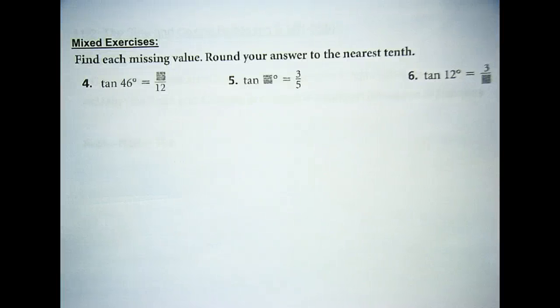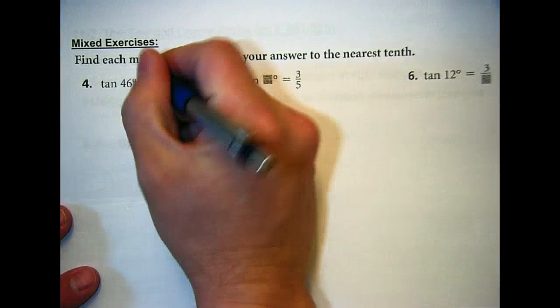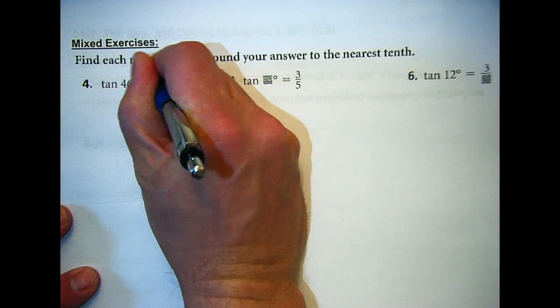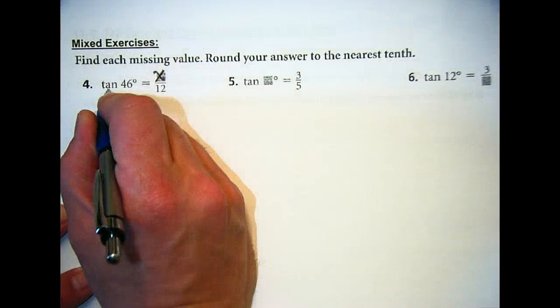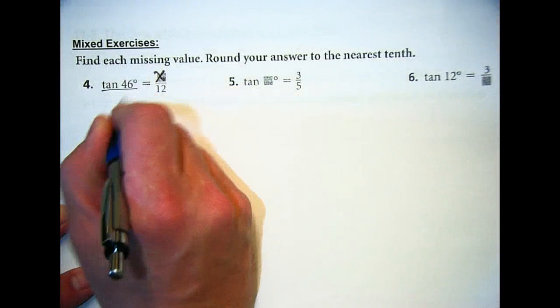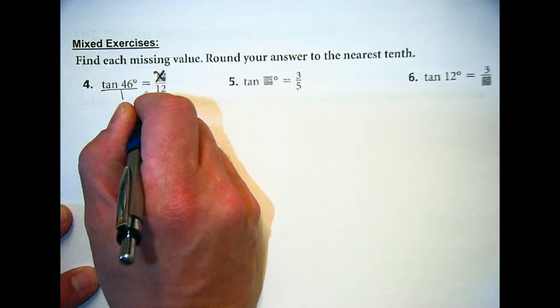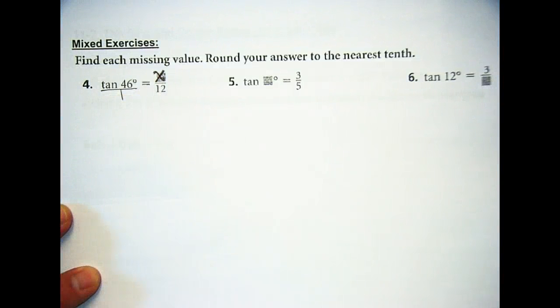Okay, time's up. Here's your hint. Put an X here. How many were going to do the right thing? What do you do there? Divide. How do we solve this? 12 divided by... no, wait, 12 times. Good.